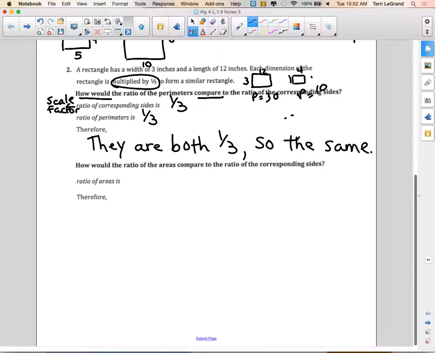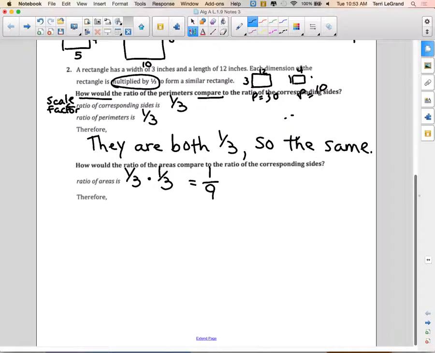Look in yesterday's exploration, our conclusion at the bottom. The what? Times itself. Okay, what times itself? Scale factor. The scale factor times itself. So don't we have to take 1/3 times 1/3, which is, we're multiplying, not adding. 1 times 1 is 1. 3 times 3 is 9.